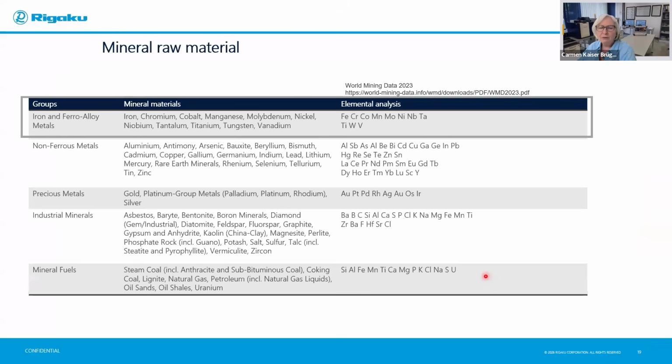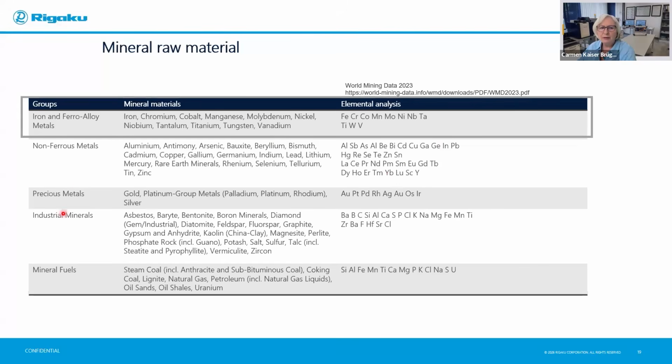So if we look at the different minerals or the raw materials that can be used, we have different groups, and they consist of iron and ferroalloys, usually containing a certain group of elements. So now I switch only to XRF. And then we also have non-ferrous metals with a different group of elements.